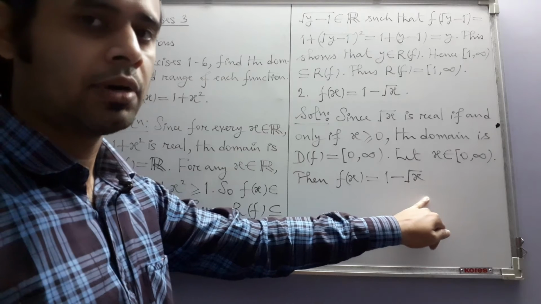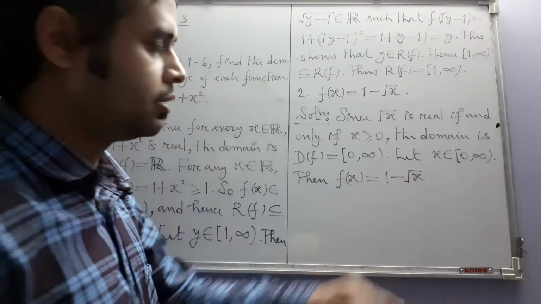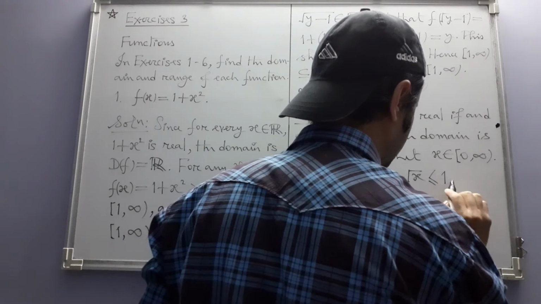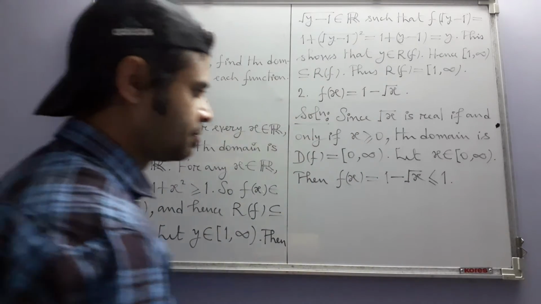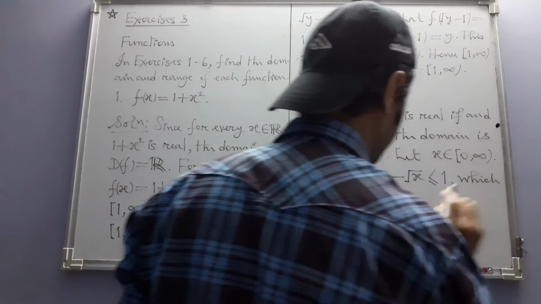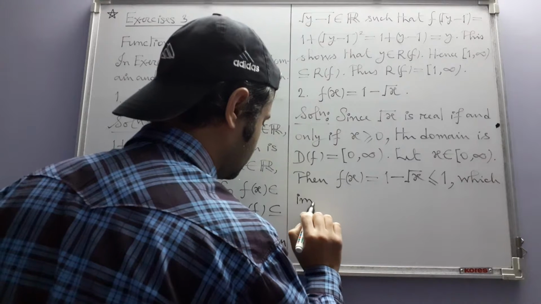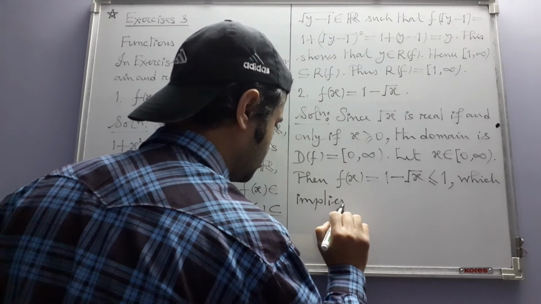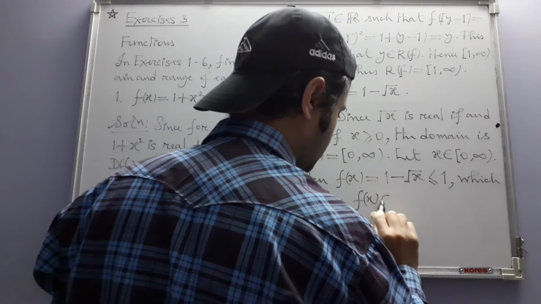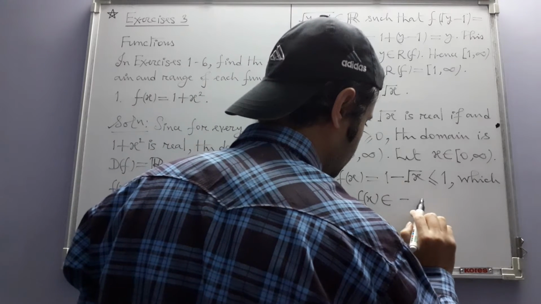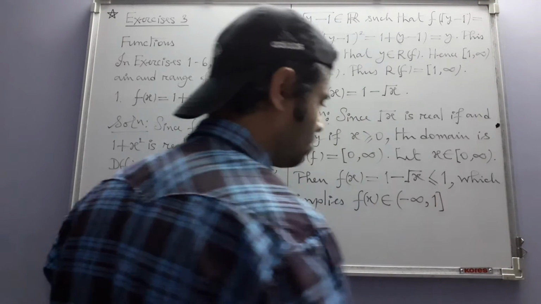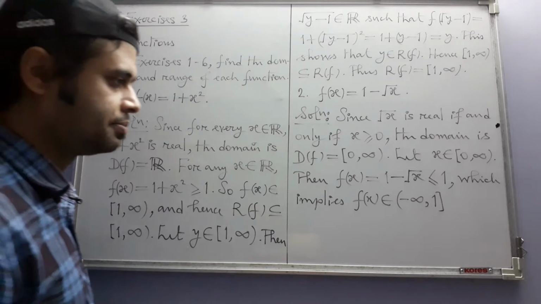So if you add 1 on both sides of that inequality, you get this less than or equal to 1, which implies f of x belongs to this closed ray minus infinity comma 1.